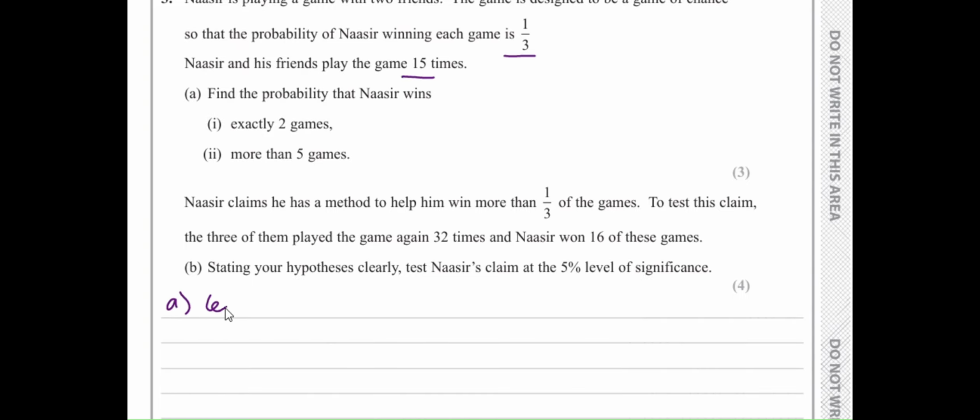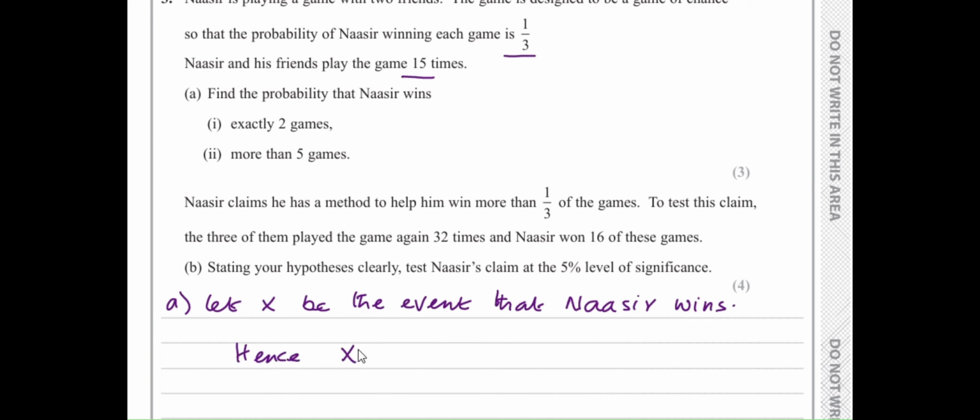So let X be the event that Nasir wins. Hence, X will follow binomial distribution with a number of trials 15 and probability of winning 1/3.